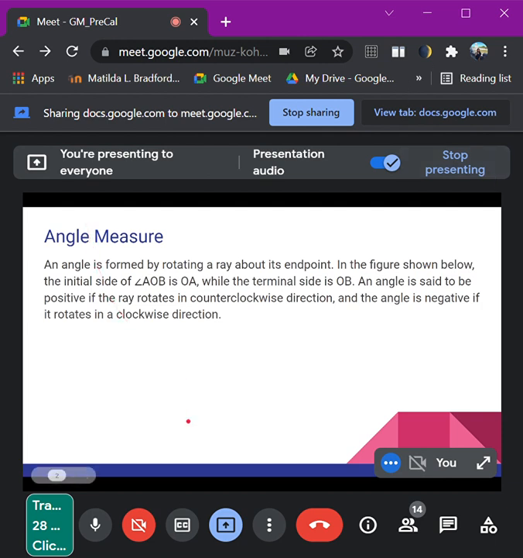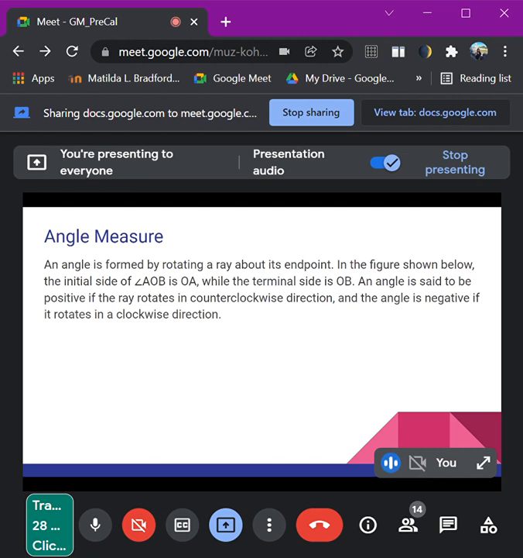In the figure shown below, the initial side of angle AOB is OA, while the terminal side is OB. An angle is said to be positive if the ray rotates in a counterclockwise direction, and the angle is negative if it rotates in a clockwise direction.